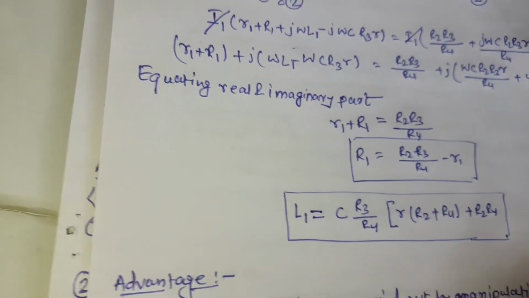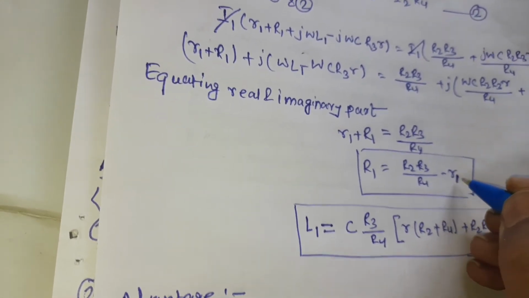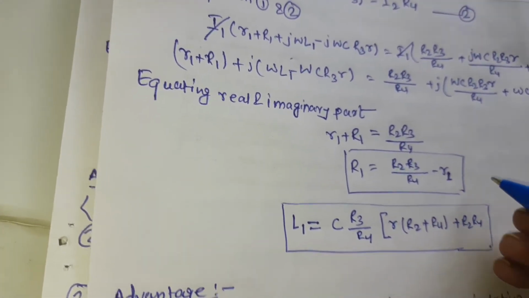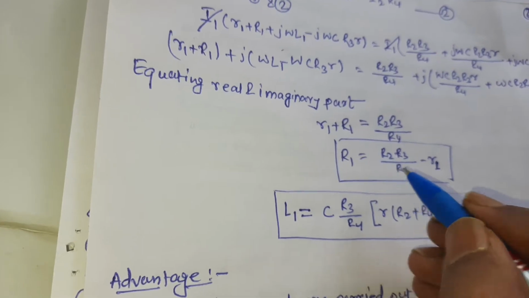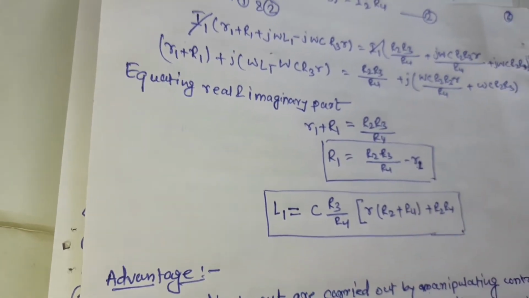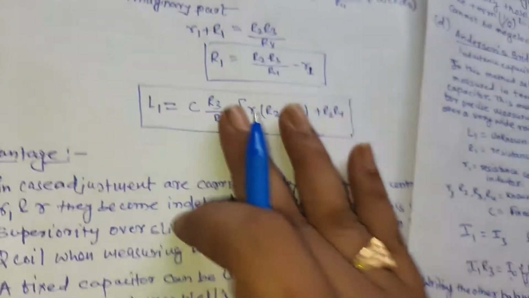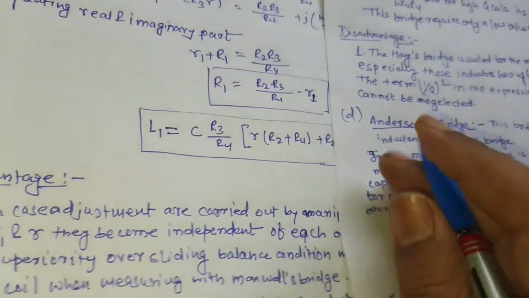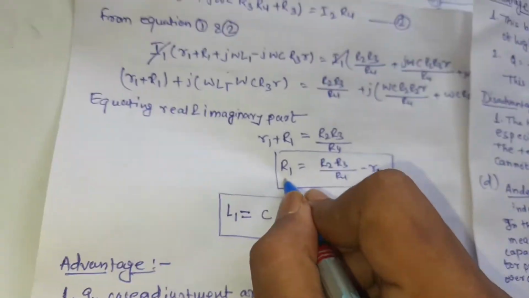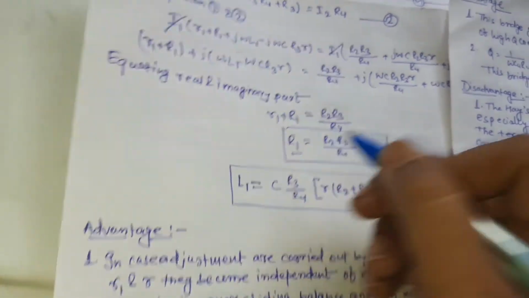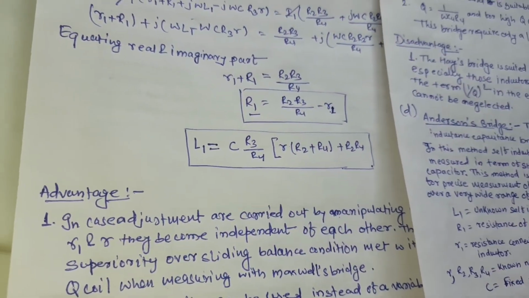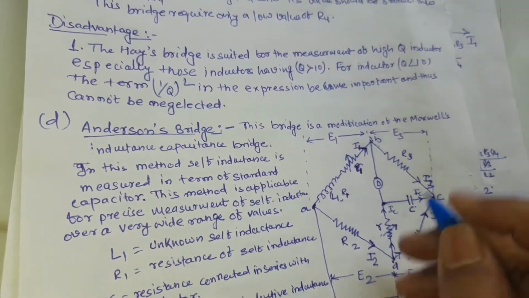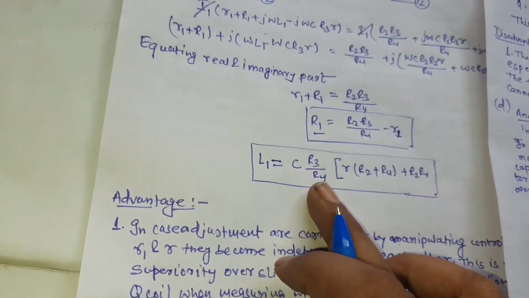So the advantage of the Anderson bridge is that if you vary r1, then you get the balance equation for the unknown resistance R1. If you vary the small resistance r, then you get the balance equation for the inductance.